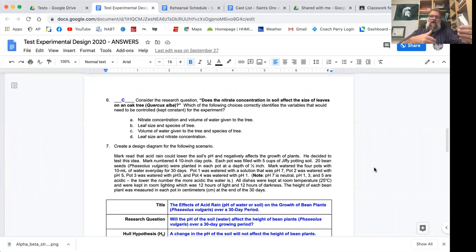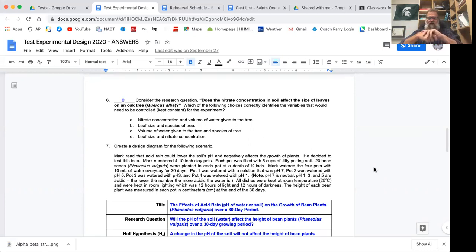I'm changing the nitrate concentration. That's my independent variable. And what am I going to measure to see if that change in concentration matters? I'm going to measure the size of the leaves. That's my dependent variable. So since nitrates is my independent variable and size of leaf is my dependent variable, those cannot be constants. Those are the 2 experimental variables.